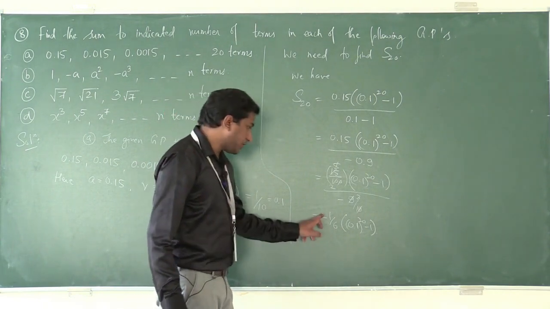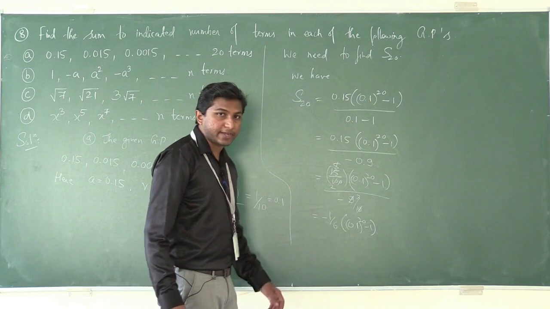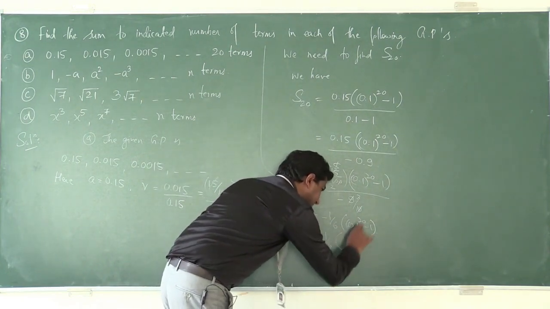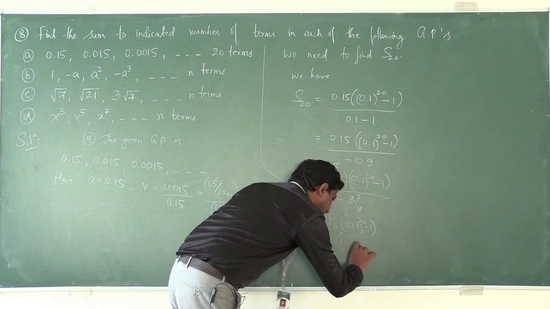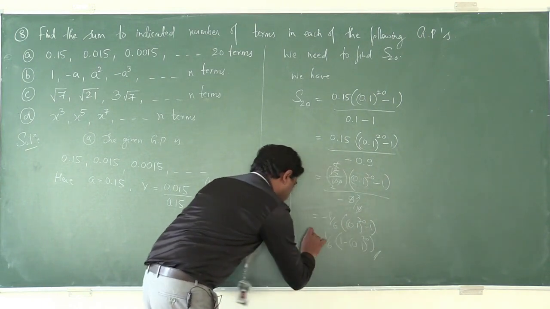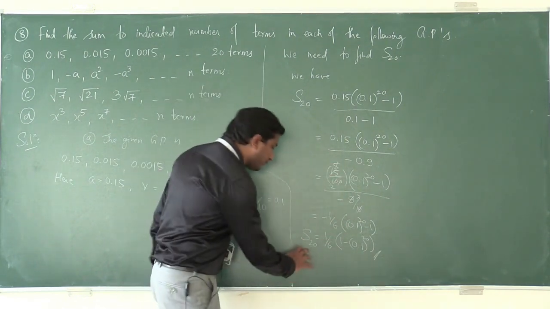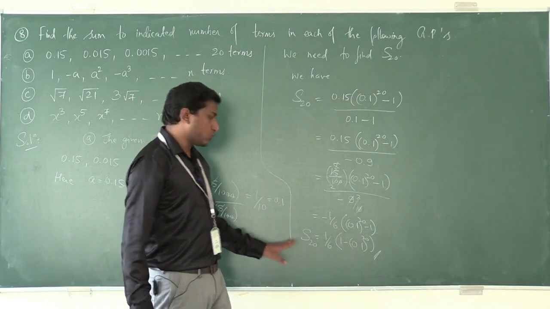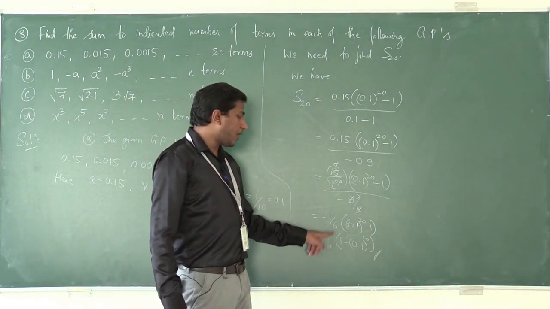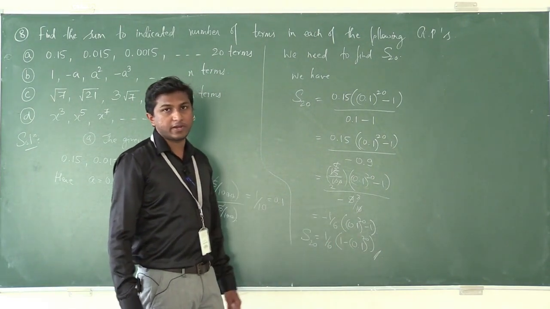If I multiply the minus sign inside the brackets, we get 1 by 6 into 1 minus 0.1 whole power 20. So this is the simplified form of S20.